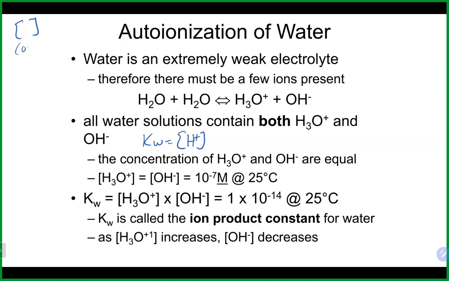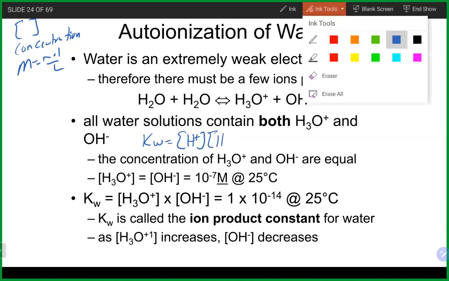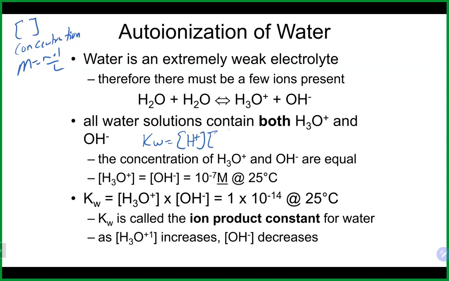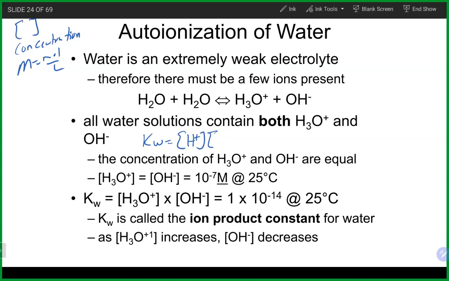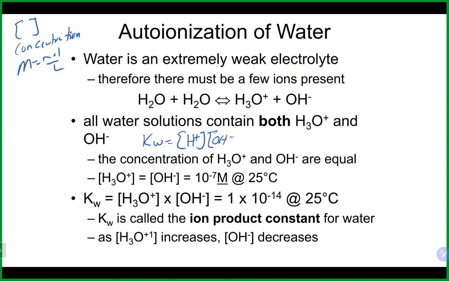It means concentration, and really what it means is molarity, moles per liter, of H+ times the concentration of, not H, again, OH- equals 1 times 10 to the minus 14. That is what is known as Kw.